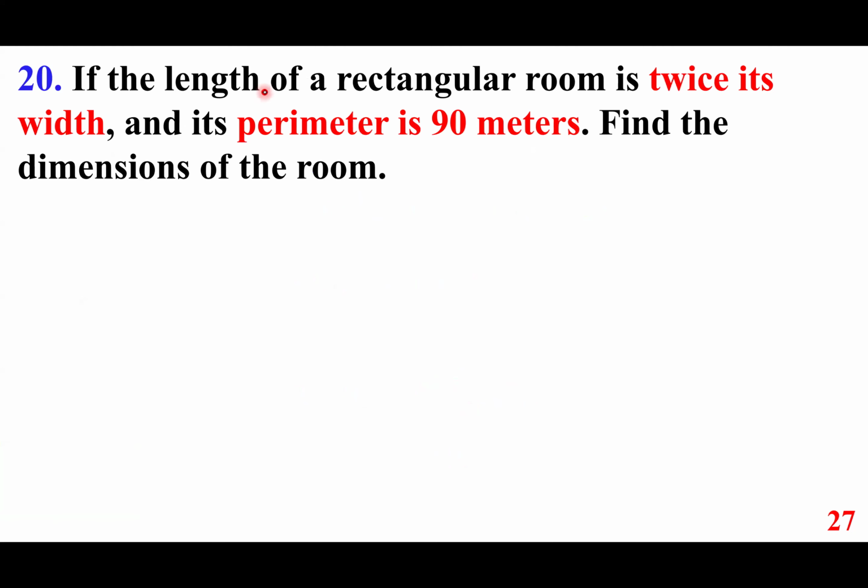If the length of a rectangular room is twice its width and its perimeter is 90 meters, find the dimensions of the room. So here's the rectangular shape. Here's the width, and here's the length, 2 times the width.